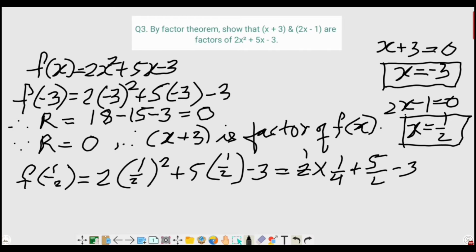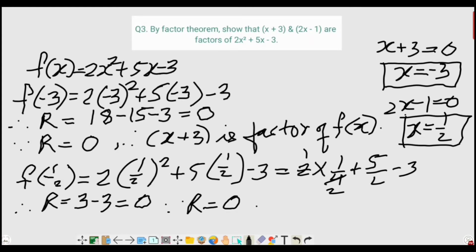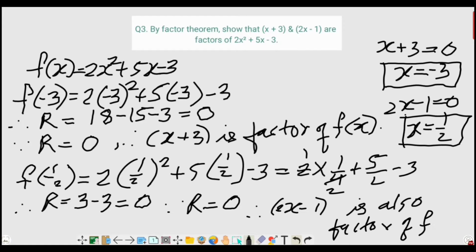When you reduce this, you get 1 by 2 plus 5 by 2, that is 6 by 2, which gives you the value 3. Minus 3 will remain as it is. Your remainder is 0. So you conclude that since r equals 0, therefore 2x minus 1 is also a factor of the given polynomial, that is f of x.